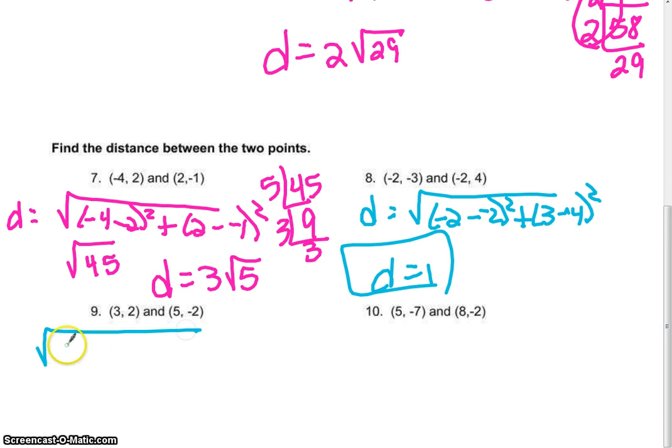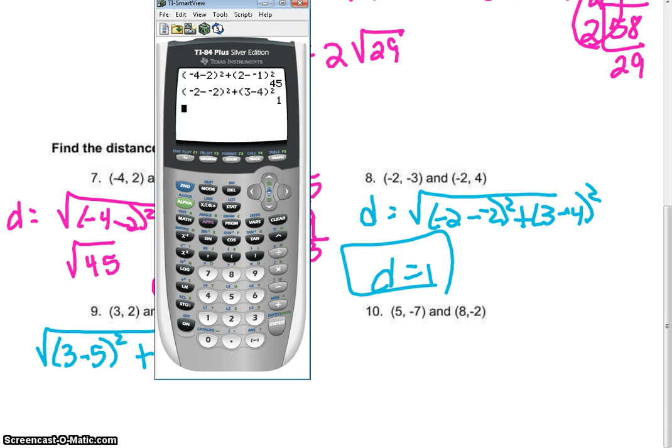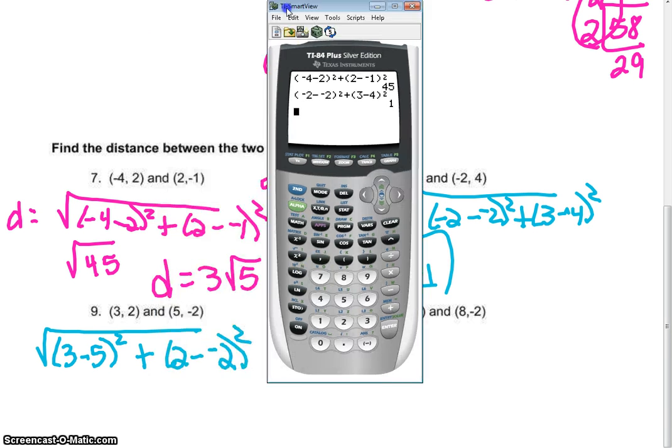So the square root of 3 minus 5 squared plus 2 minus negative 2 squared. Using your calculator, you're going to say open 3 minus 5, close squared, plus open 2 minus negative 2, close squared, enter.